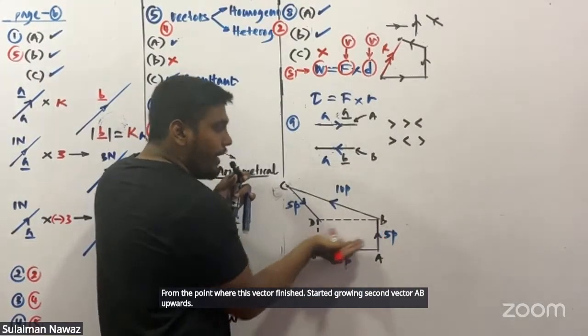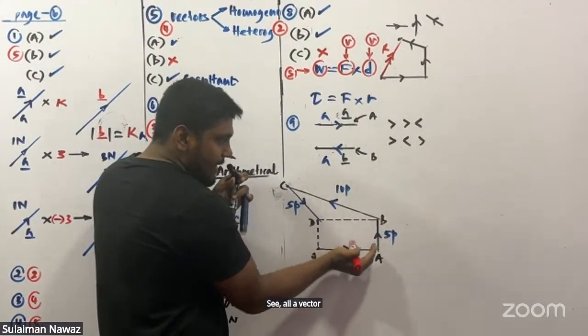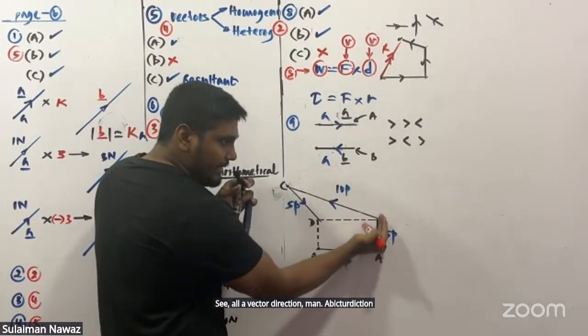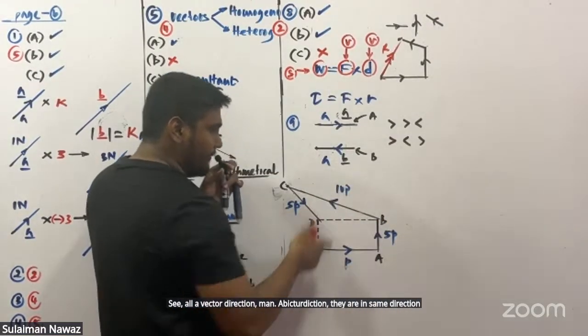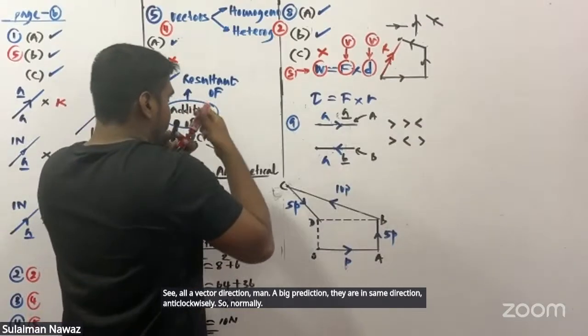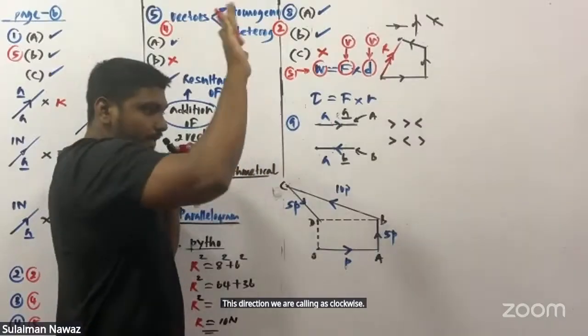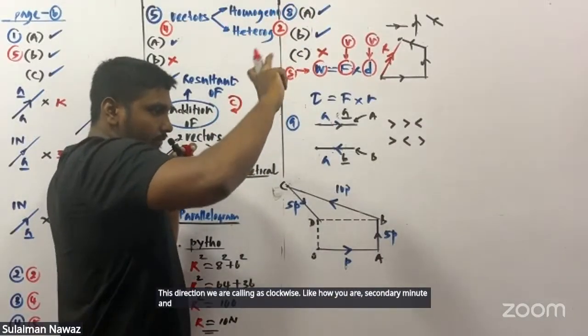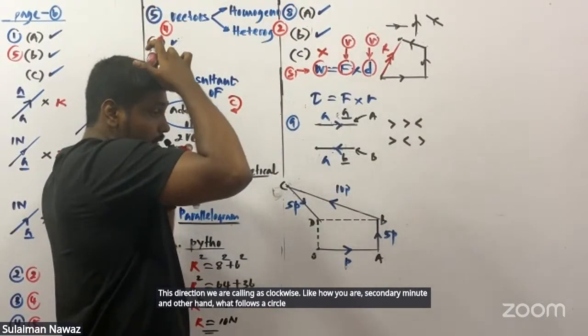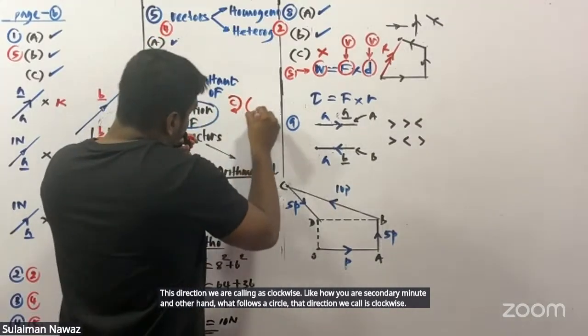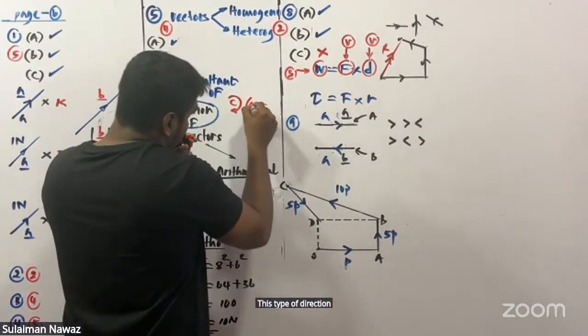See, OA and AB are in the same direction, anti-clockwise. Like how the second, minute and hour hands of a clock follow a circle, that direction we call clockwise. This type of direction we call anti-clockwise.